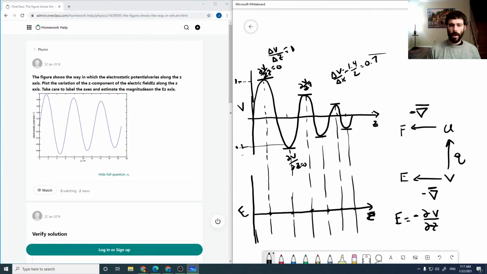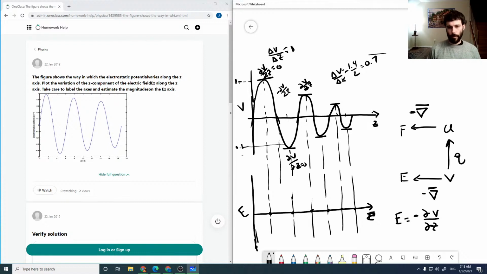and then I really need to just join them up in between. My maxima are actually going to occur where the potential crosses 0, but remember my E field is minus dV by dz, meaning this point here, the derivative here will be negative, so this will actually be my positive. My derivative here is positive, so this will actually be negative.